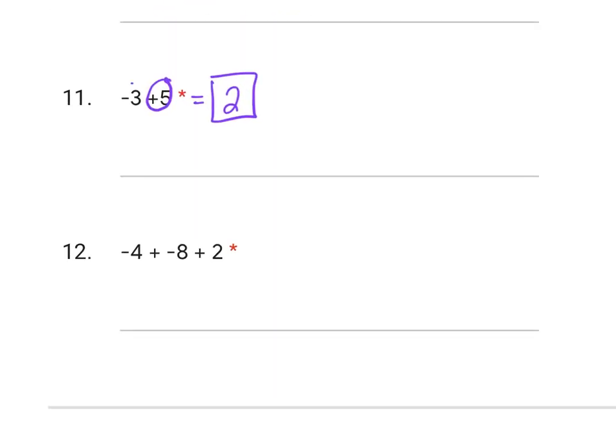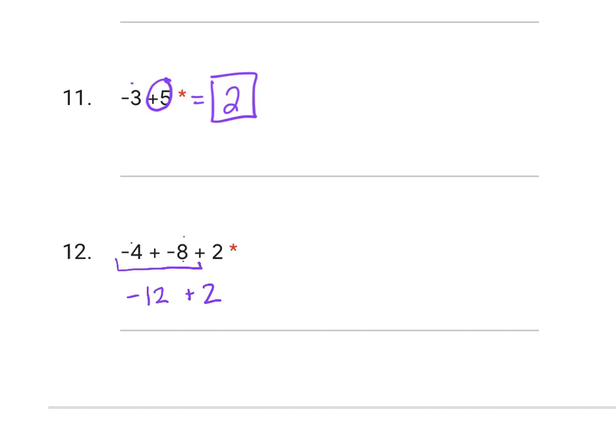And our last one here, you need to do it from left to right using GEMDAS, right? Order of operations. So negative 4 plus negative 8, well, they're both negative, so I'm going to add my negatives together. So negative 4 plus 8 more negatives is negative 12, and then plus 2.